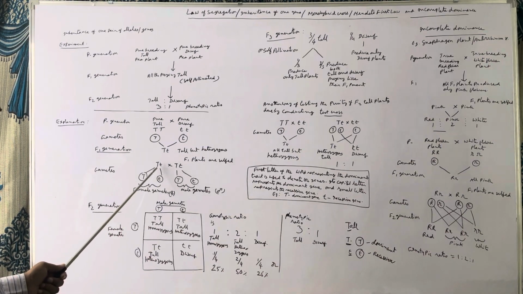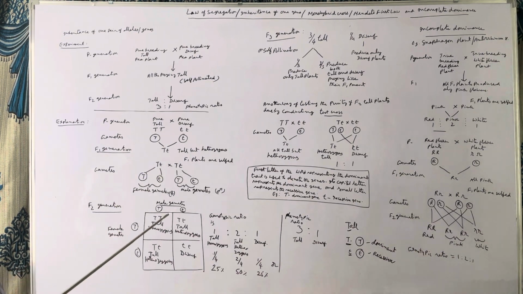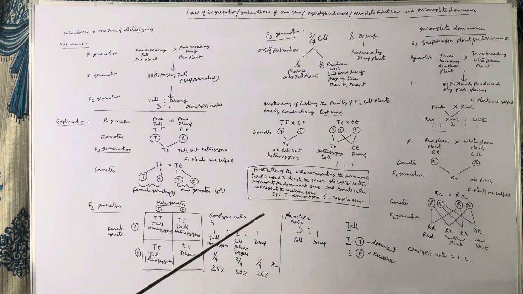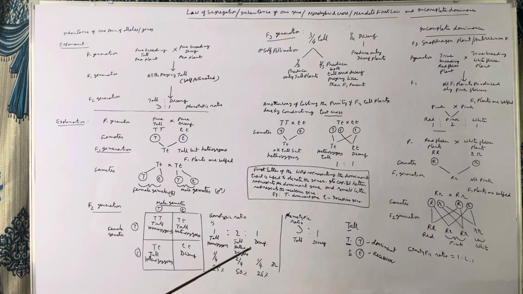This female plant produces two types of ova. Half of the ova receive this gene and half of the ova receive this gene. That means 50% of the gametes receive the dominant gene and 50% of the gametes receive the recessive gene.